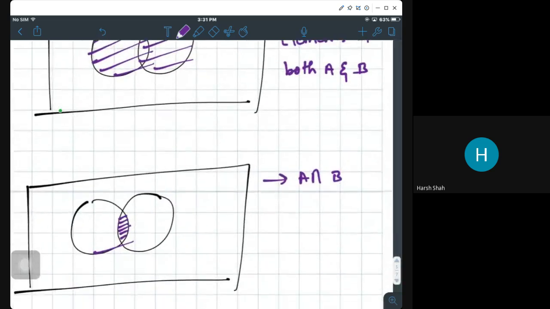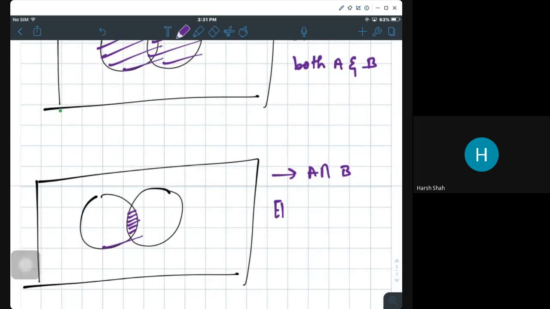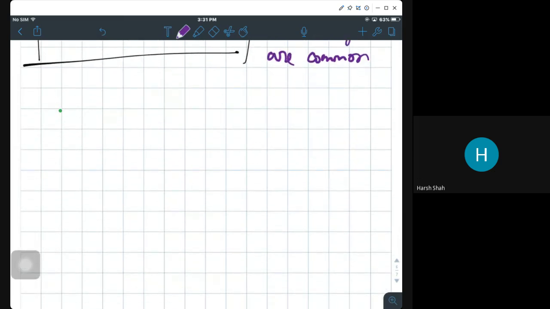This is A intersection B. This is elements such that they are common elements.